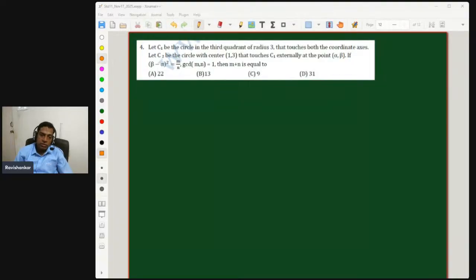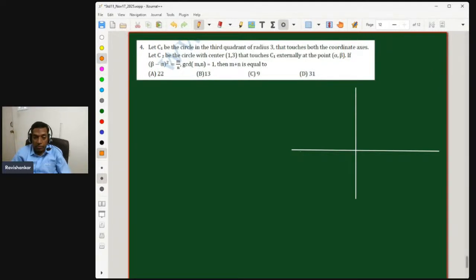If you are stuck with this question, you don't need to draw a diagram exactly, but C1 is a circle in the third quadrant of radius 3 that touches both the axes. The only possible way for that is for the circle to be like this.